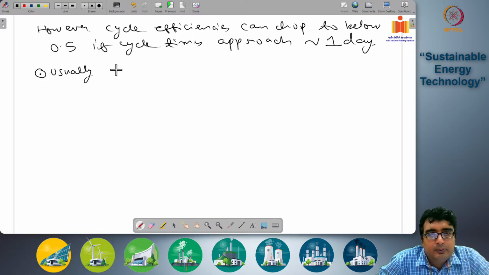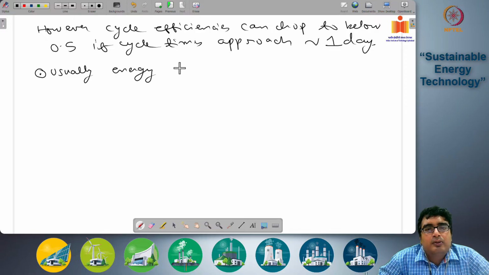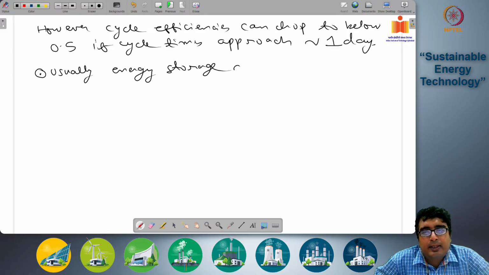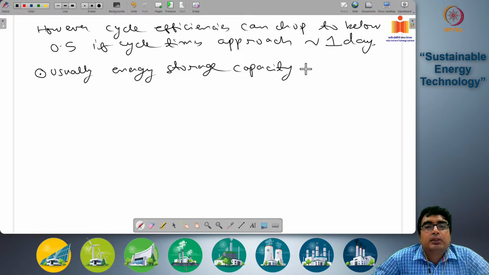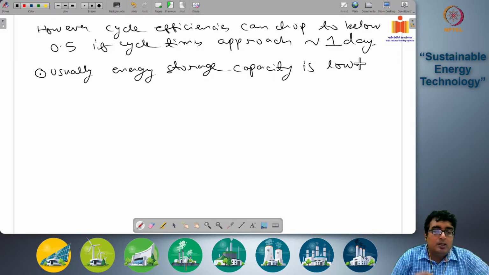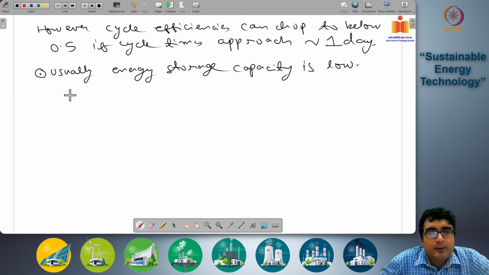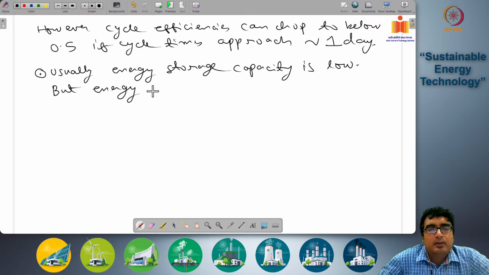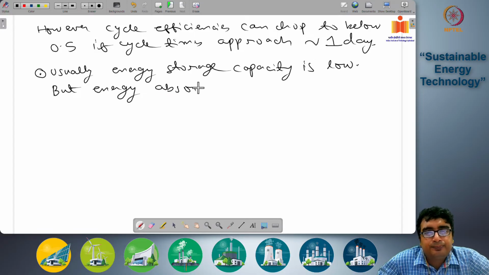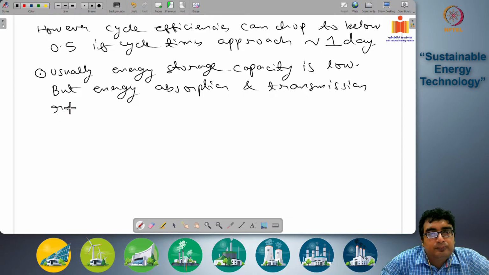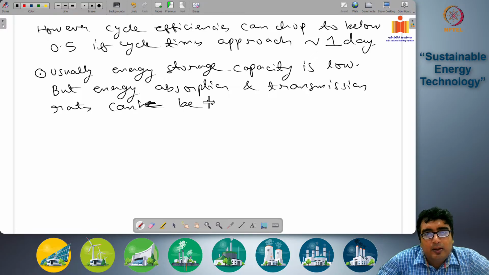Usually energy storage capacity is low. So you won't get gigawatt hour kind of energy storage capacities, but energy absorption and transmission rates can be very high.